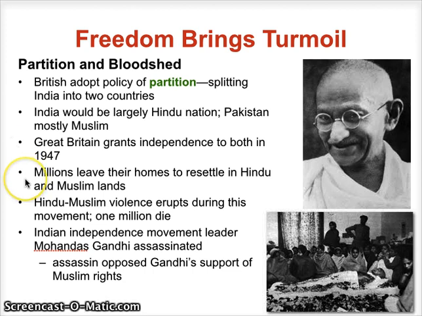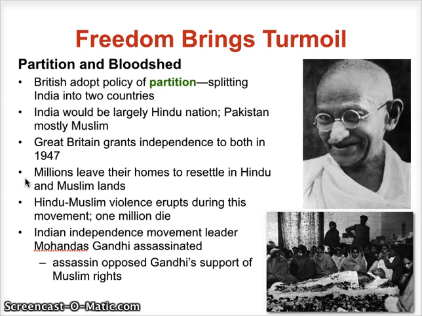But this partition does cause some problems. The British had to draw a line where they saw was the easiest to divide Muslims and Hindus, but many millions of people are still living in these regions who are of the opposite religion.